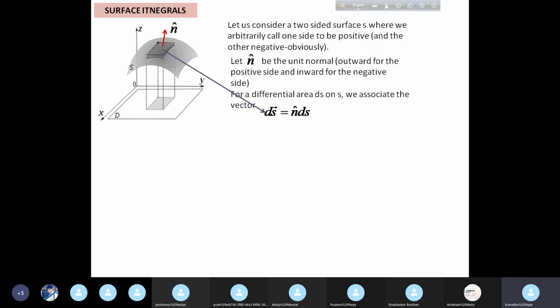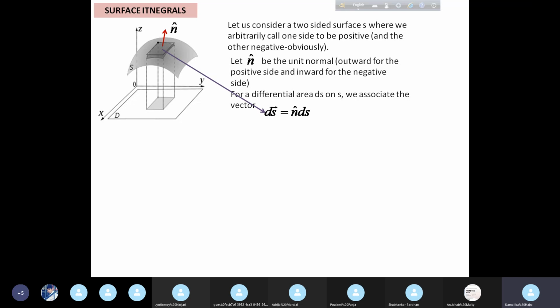So there we had first introduced the concept of an area being a vector, and I had told you, I hope you all remember, that this concept of an area as a vector will come back when we do surface integrals.